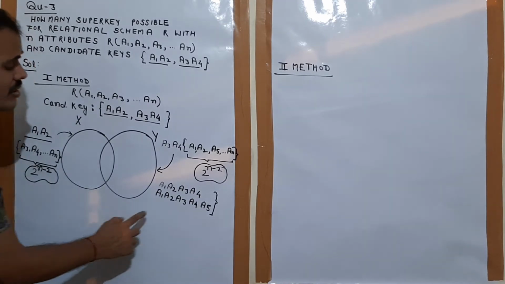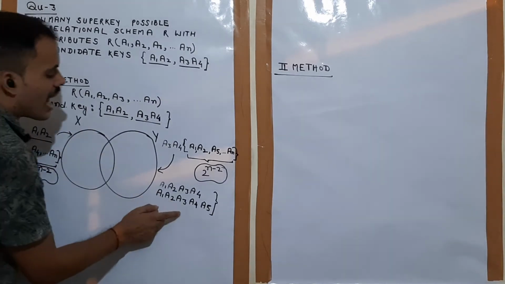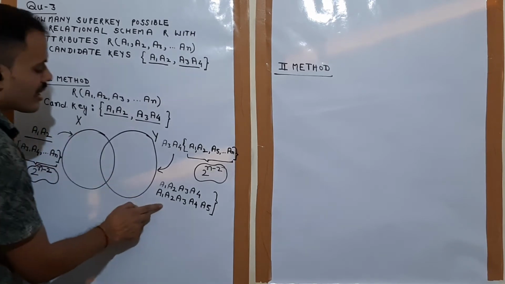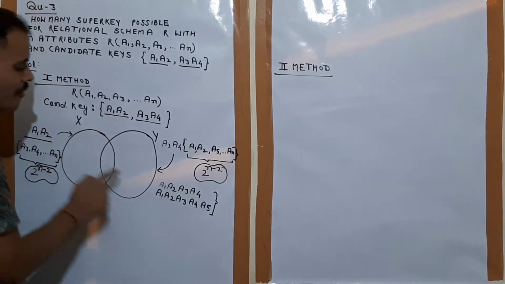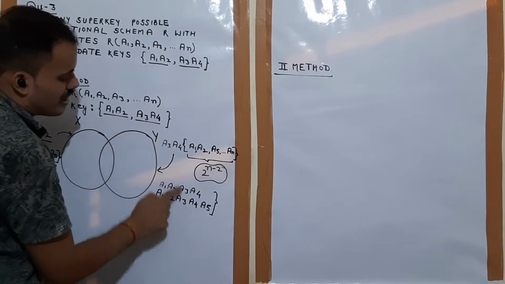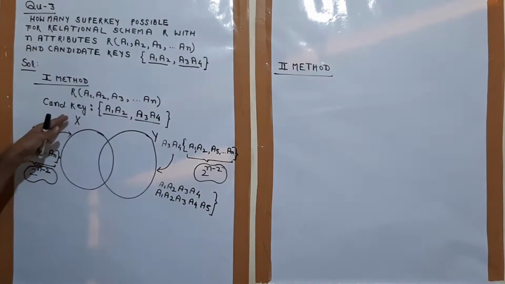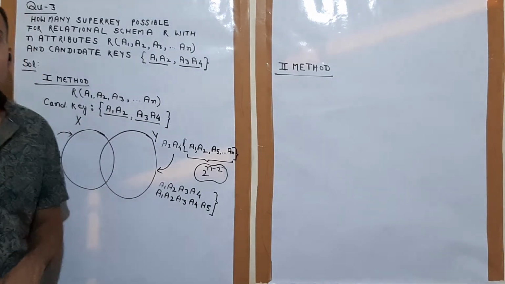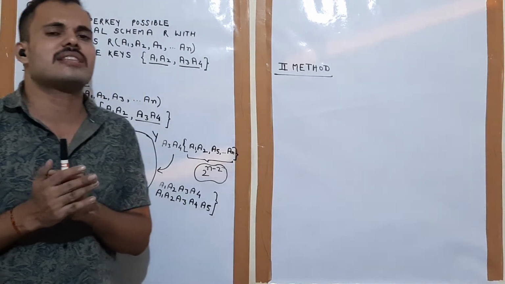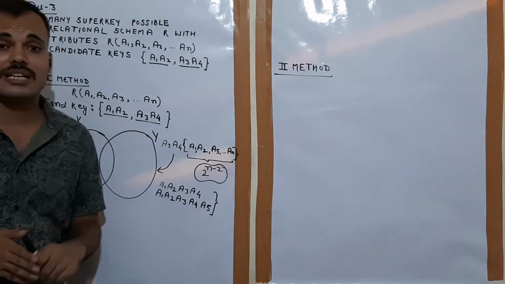So this super key belongs to set X because it contains the first candidate key A1, A2, and it also contains the second candidate key A3, A4. So this is a super key which belongs to both X and Y, and there are many other super keys which belong to both X and Y.